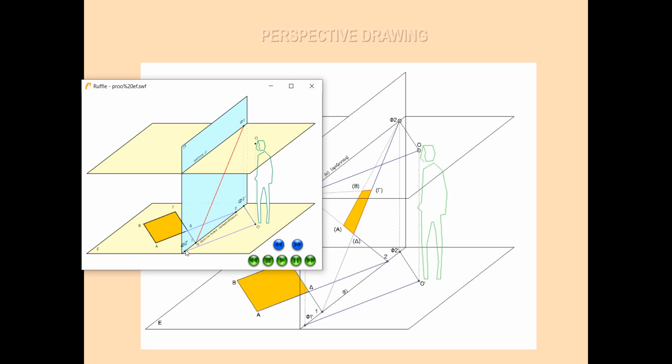And from this point, if we bring the perpendicular line to the horizon line, we will find here point phi2.